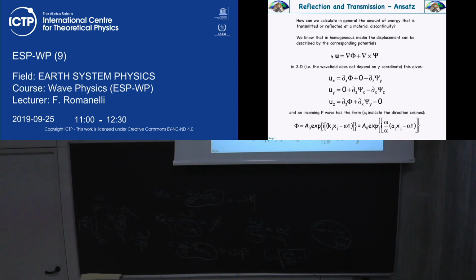Please remember this. Uy contains only SH. Well, you can add all the possible reflections that you want, but the boundary condition would be that sigma zy is 0, and that is going to give just an SH reflected. Full stop. No other possibilities.